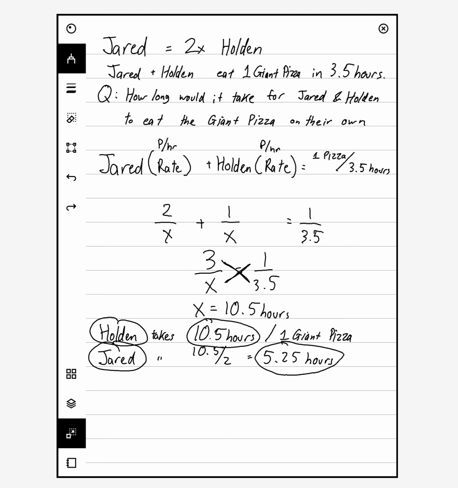And then to figure out Jared's rate, I just know that he eats twice as fast. So then he has to be equaling twice this amount. So 2 times this is 2 over x. And then you add the two because they're helping each other. They're doing more work together. And then, yeah, the rest is about it.